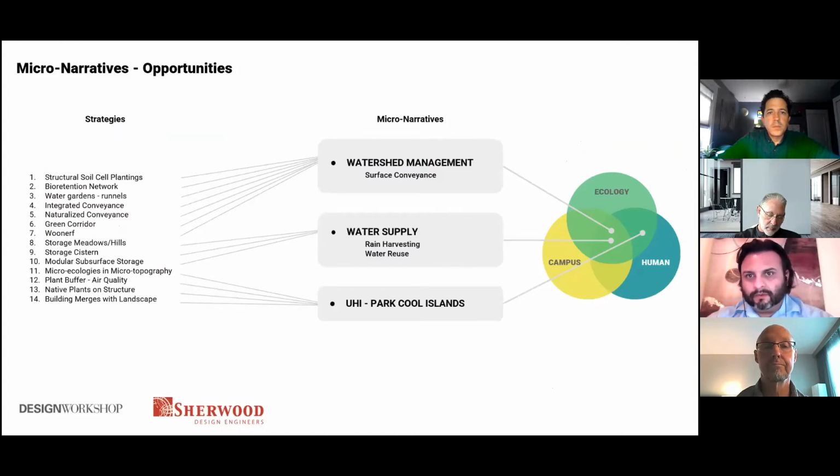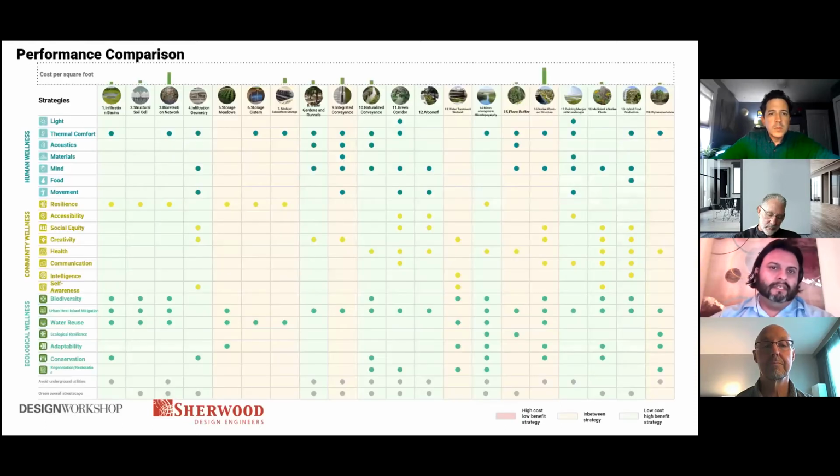As we looked at watershed management, water supply, urban heat island, really beginning to look at how these overlay with one another and are intertwined. And so you can begin to develop these micro narratives that provide the initial building blocks of the storyline for that water story on your project.